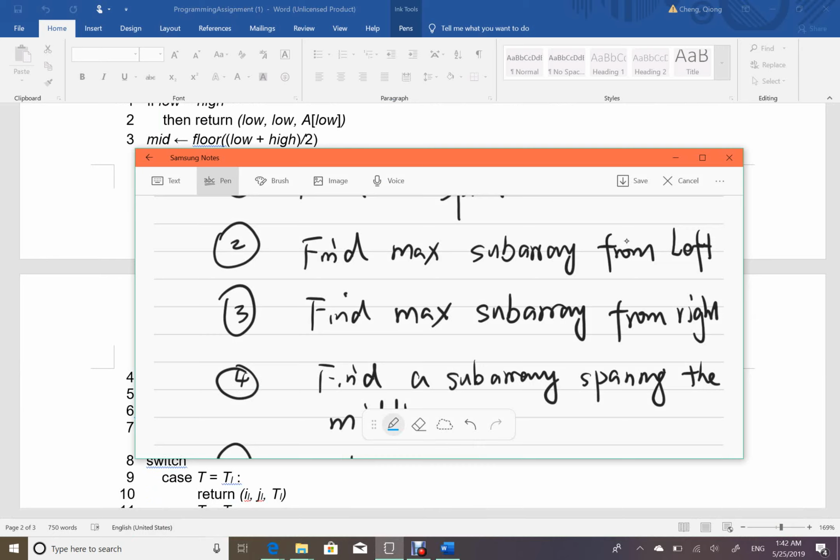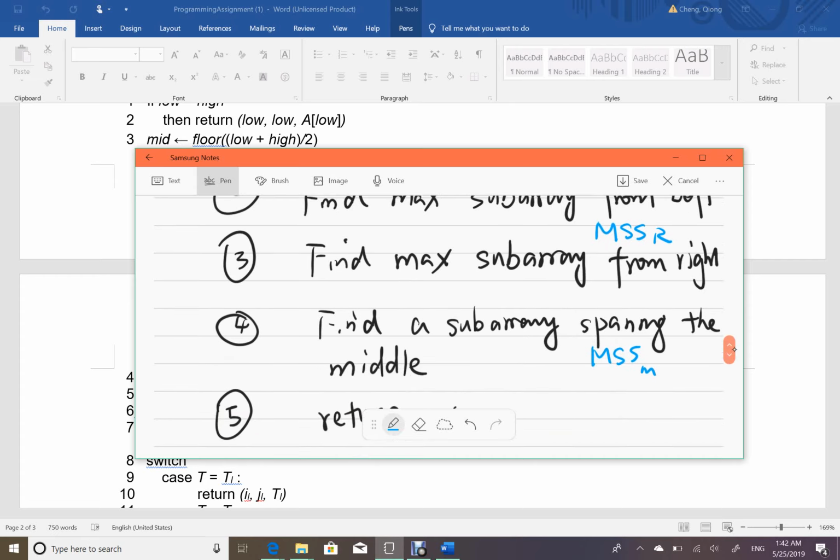Okay, let's call this the maximum subarray sum from the left side, MSSL. This is MSSR, the right side, and this is the MSSM, the middle.